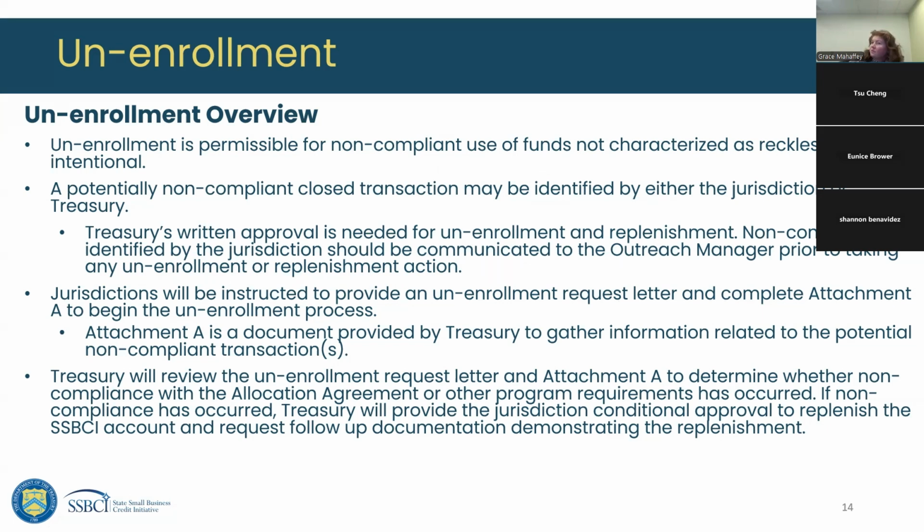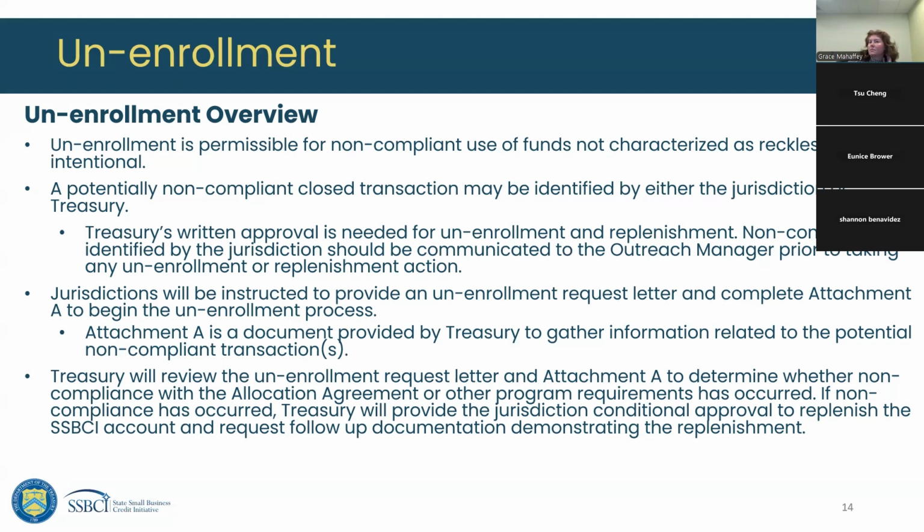Whether the non-compliant transaction is identified by the jurisdiction or Treasury, the first step in the unenrollment process is for the jurisdiction to provide Treasury with an unenrollment request letter and a supporting document, which we refer to as Attachment A. Attachment A is just an Excel template provided by Treasury to gather information related to a potential non-compliant transaction, such as the provider information, amount of SSBCI involved, and description of the issue.